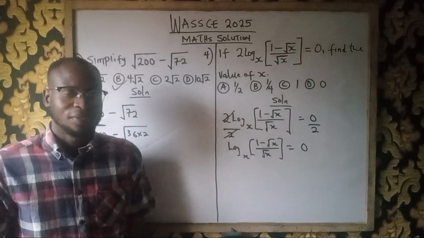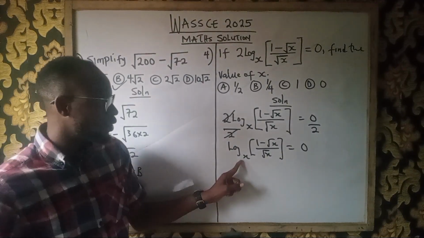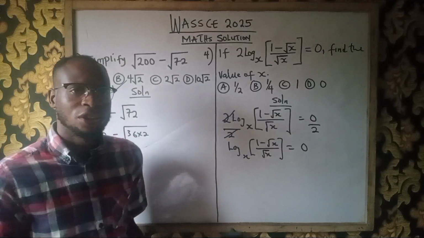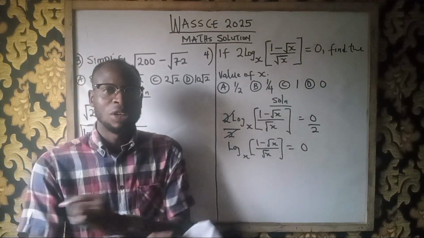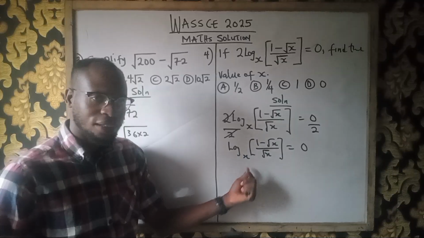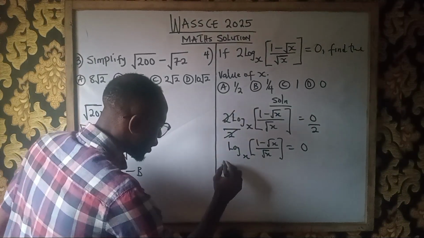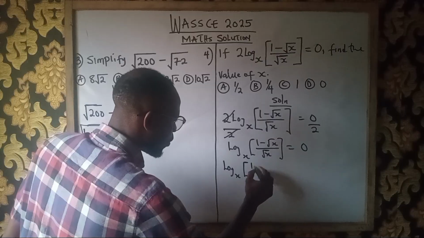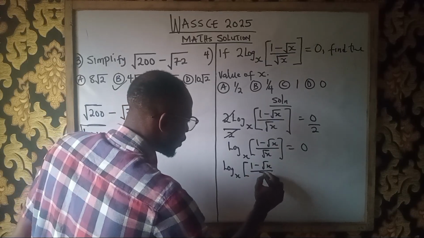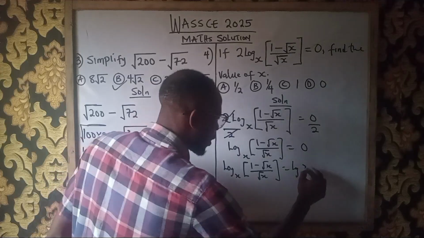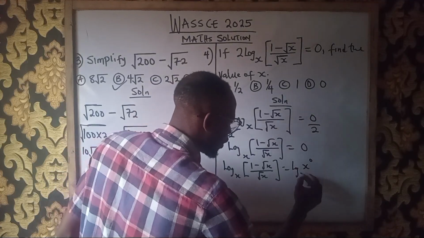Now the next thing, since this side is having log, this side does not have log. So the rule of logarithm is that when you have to eliminate the logarithm, you are supposed to take the log of both sides to base x in this case. So if I take the log of both sides to base x, I will have log x in bracket 1 minus root x over root x equals log x raised to power this 0, then in base x.